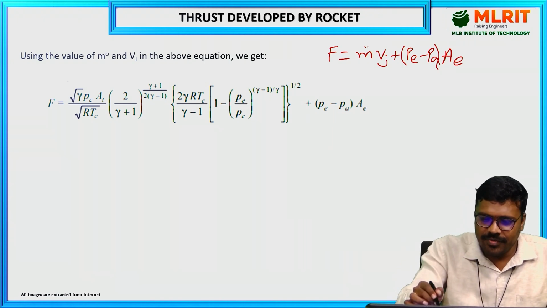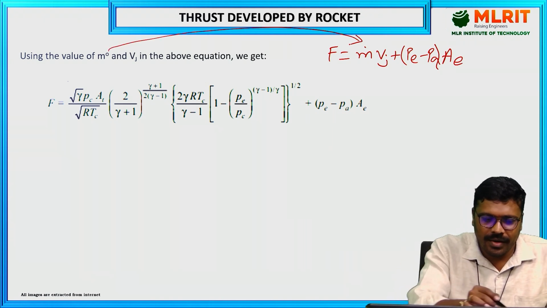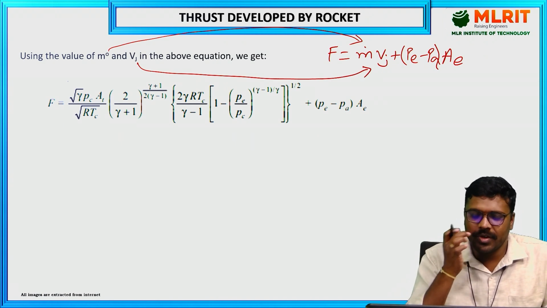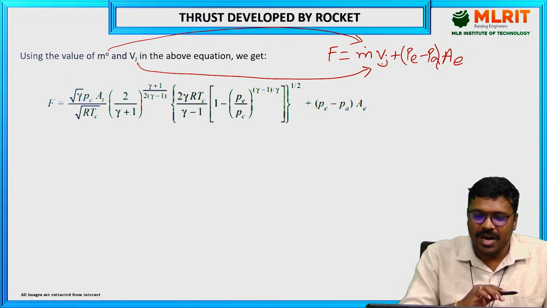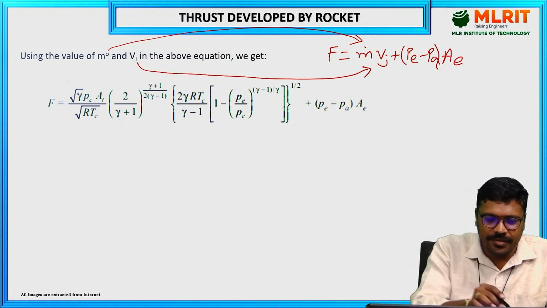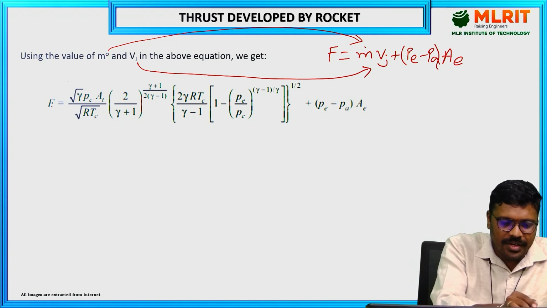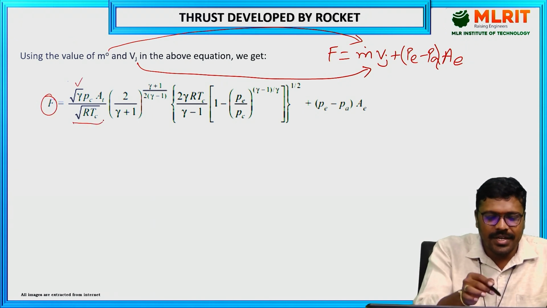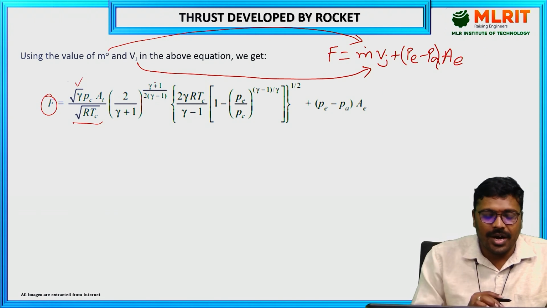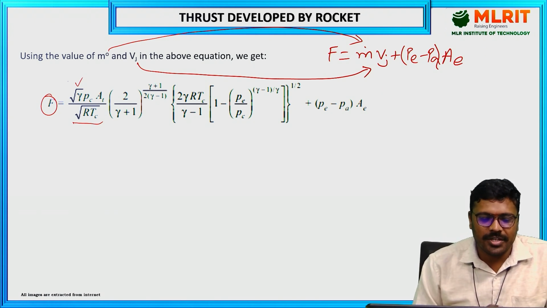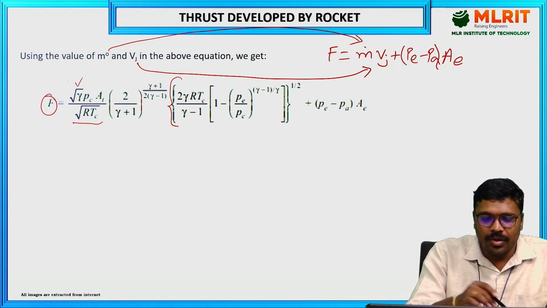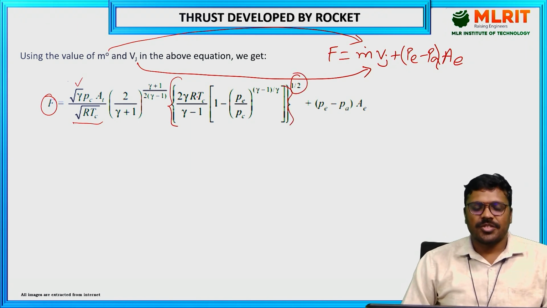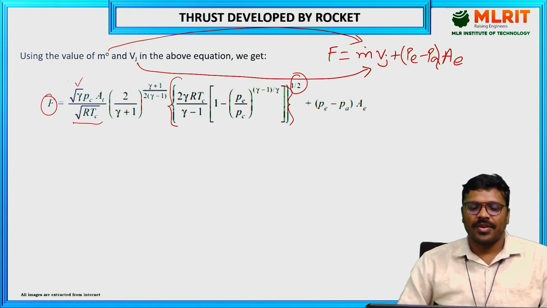Okay, so here we are substituting the m dot and Vj equations, which were developed in the previous lessons, into the above equation. Then what we get is m dot. So the final equation will be F is equal to under root gamma Pc At by under root R Tc into 2 by gamma plus 1 to the power of gamma plus 1 by 2 into gamma minus 1, whole under root of 2 gamma R Tc by gamma minus 1 into 1 minus Pe by Pc whole to the power of gamma minus 1 by gamma.